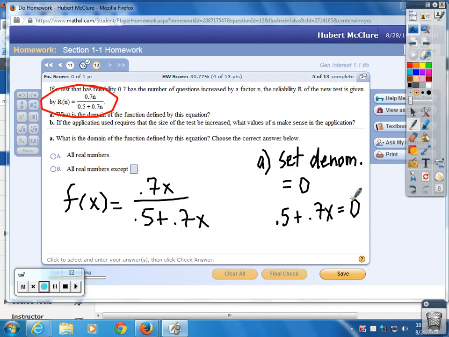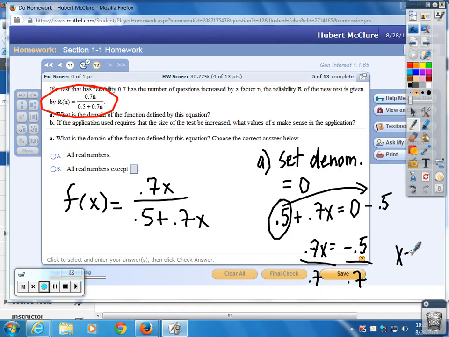How do you get rid of a positive 0.5? Subtract it or take it across the river, whichever one you want to call it. So 0.7x is equal to negative 0.5 and divide by what? 0.7.